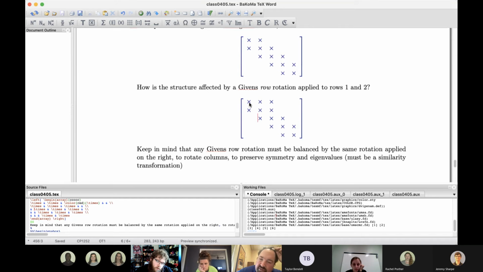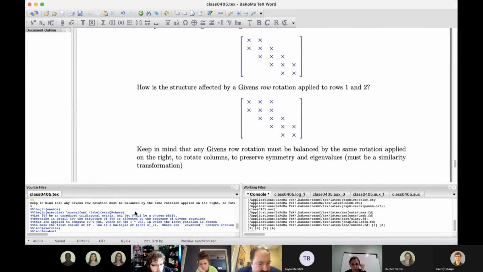So try it out and see what happens. If you get rid of an entry you don't want, then you're going to get an unwanted non-zero entry somewhere else, and you have to deal with that, and so on and so forth. So try this out in a small case and see where it leads.